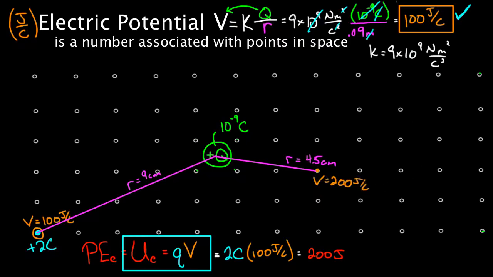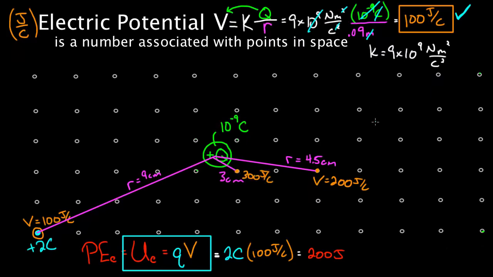And the closer I get, if I went to a point that was 3 centimeters away, well, this is a third as much as this other distance. So if I'm only dividing by a third as much distance, I should get 3 times the result. This R is not squared, it's just R. So this point would have a V value of 300 joules per coulomb.